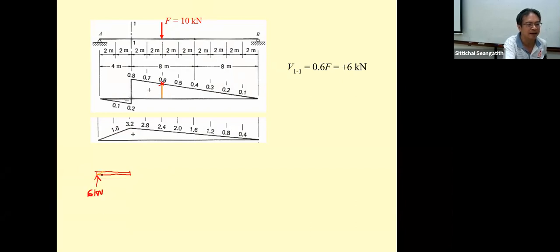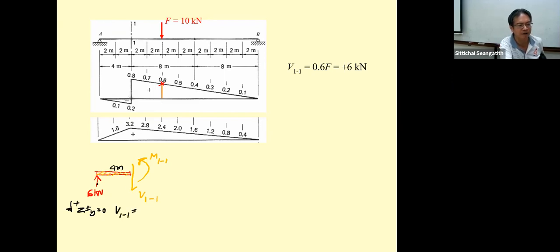If we consider this free body diagram, we will have M1-1 and V1-1. Using the summation of F sub y equal to 0, downward is positive, this is 4 meter. So V1-1 is going to be downward, 6 is upward, that is 6 kilonewton. So I can prove it.